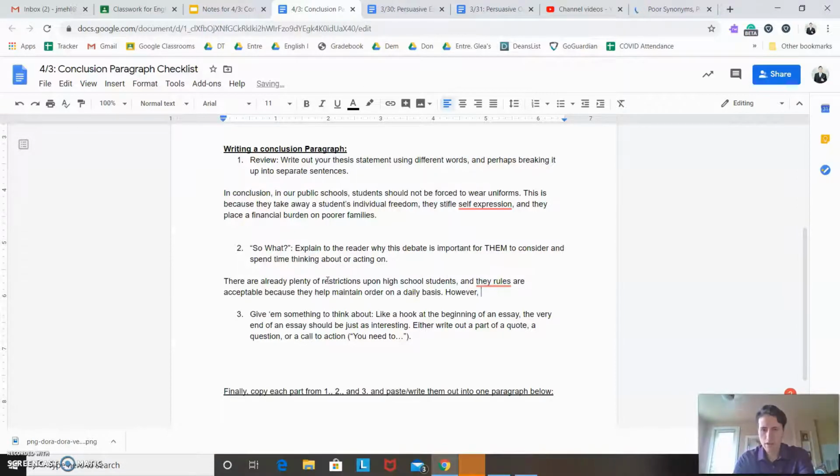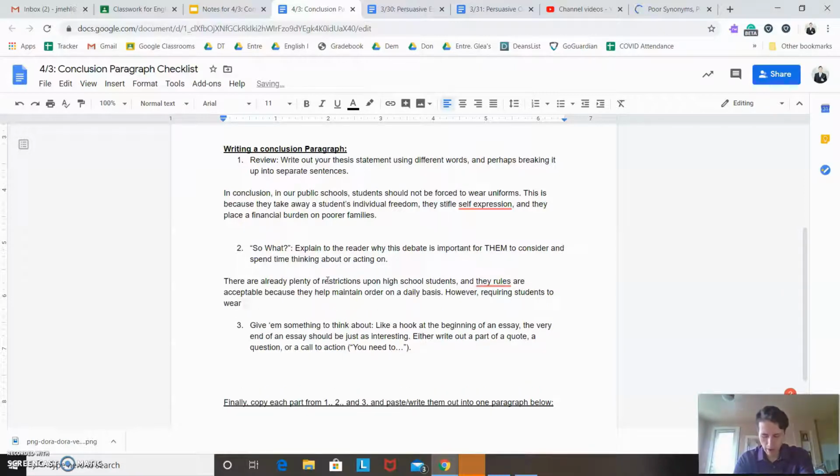However, requiring students to wear school uniforms is not helpful to maintaining order, which is why we need to get rid of them.